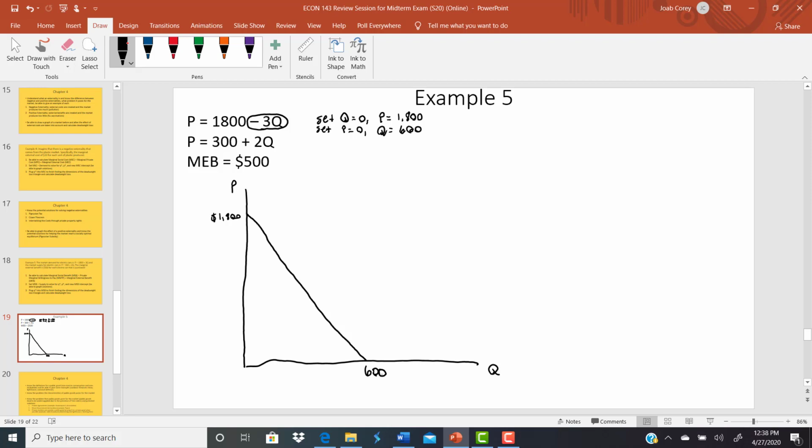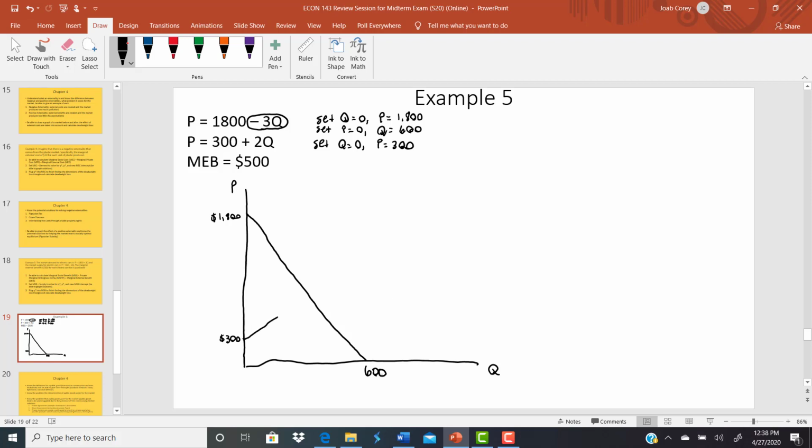Now, again, we can go ahead and graph this supply equation as well. If we set Q equal to 0 for supply, then we know that this curve is going to start right here at 300. So again, our y-axis intercept for the supply curve is going to be right here at 300.